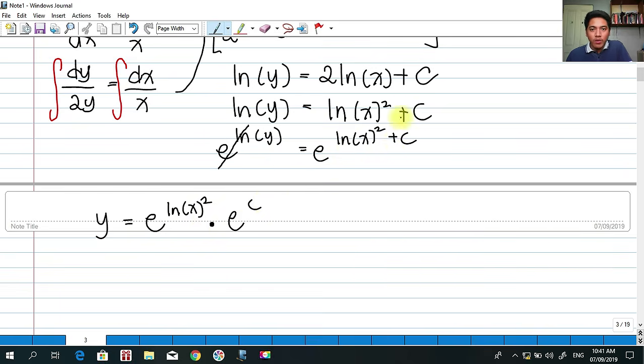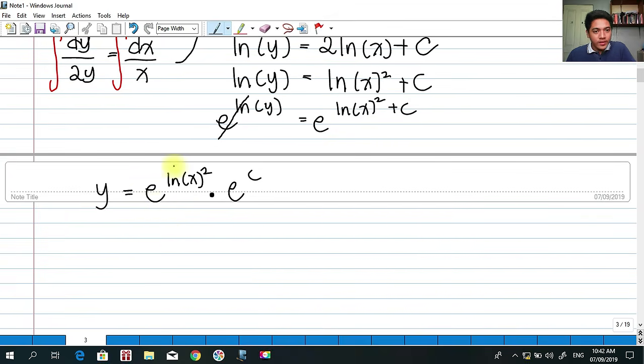So we can decompose this because we have the same base. By laws of exponents, if we have the same base, we can add the exponents. So I've broken it into pieces. For the sake of our discussion, we're going to cancel this again, and our result will be x squared multiplied by e raised to c.